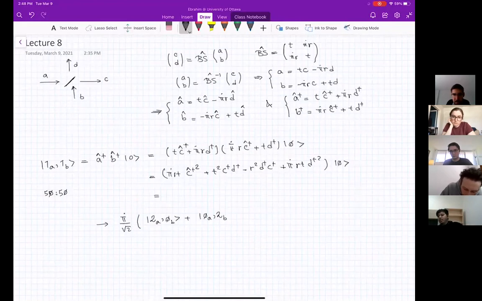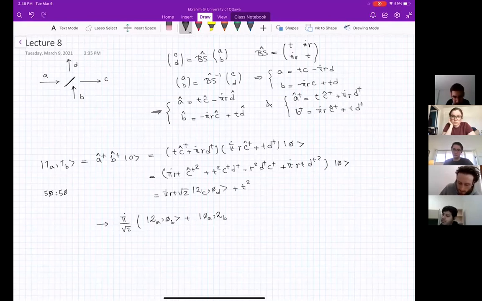And then what we got is iRT square root of 2, 2 photons in C and 0 photons in D, plus T squared, 1 photon in C and 1 photon in D, minus R squared, 1 photon in C and 1 photon in D, plus iRT square root of 2, 0 and 2 photons in D. Okay.